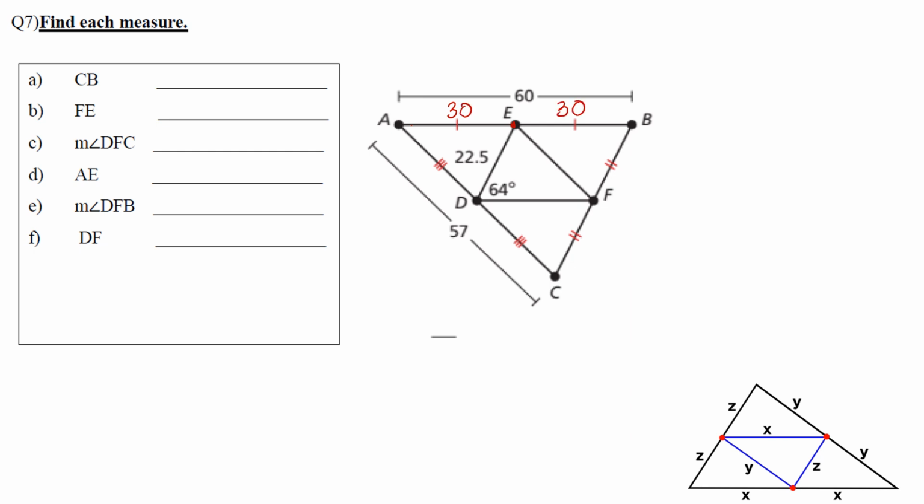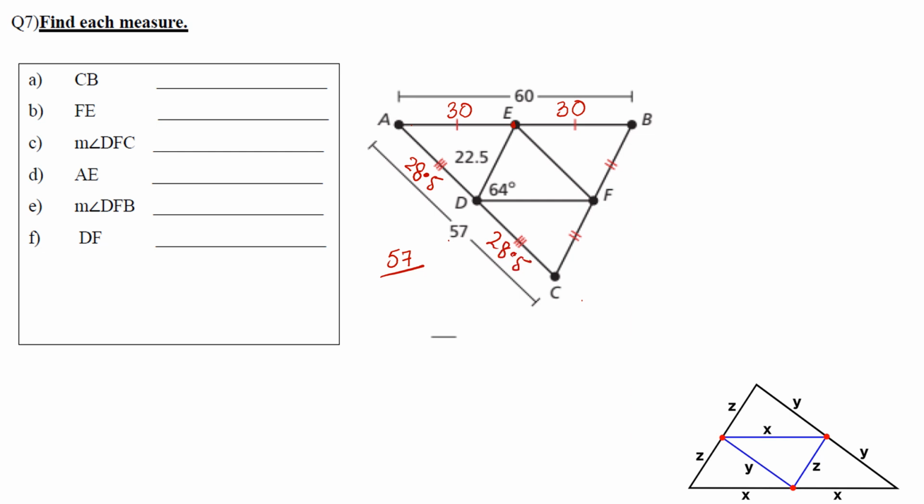Now here the whole length of AC is 57. So if this is 57, then what is AD and what is DC? What is the half of 57? It is 28.5. So this is 28.5 and this is also 28.5.